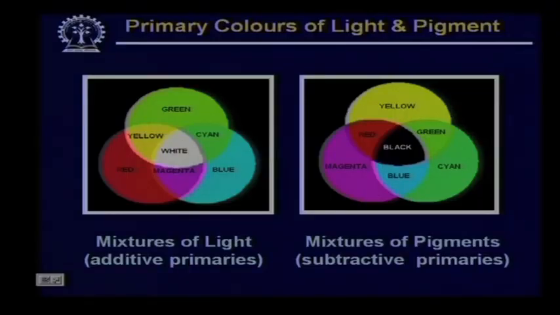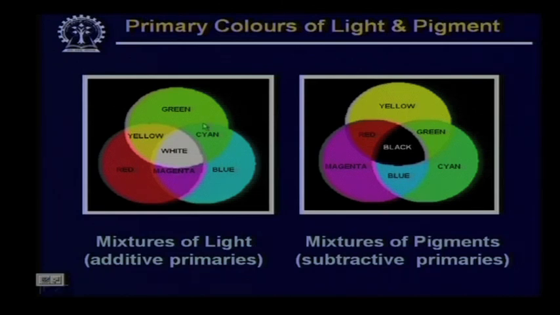So, the primary colors of light are really the secondary colors of pigment, and the secondary colors of light are the primary colors of pigment. And because of this, the colors of light are called additive primaries, whereas the colors of the pigments are called subtractive primaries.